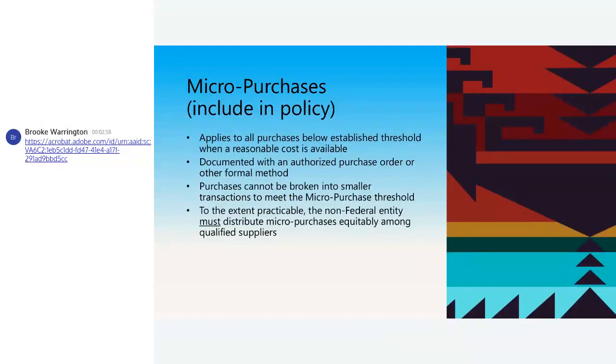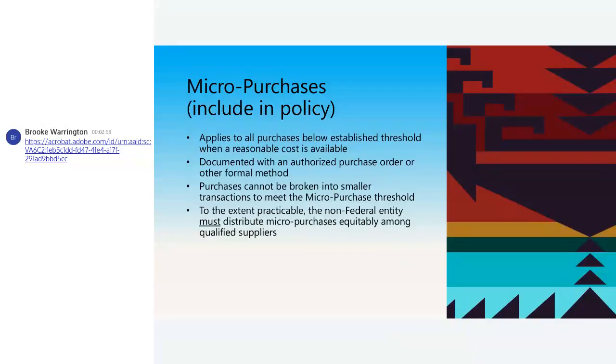It applies to purchases below your established threshold when you have a reasonable cost available. That means you could buy 1,000 pencils as long as those 1,000 pencils aren't $10,000. That is not reasonable. Reasonable cost, because they're going to also look at that.